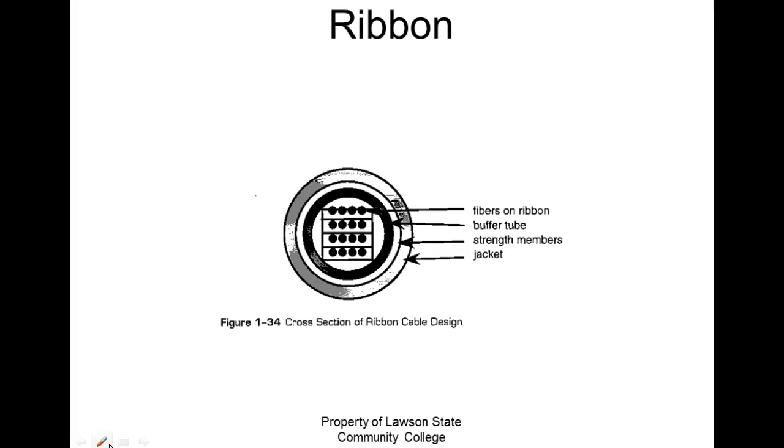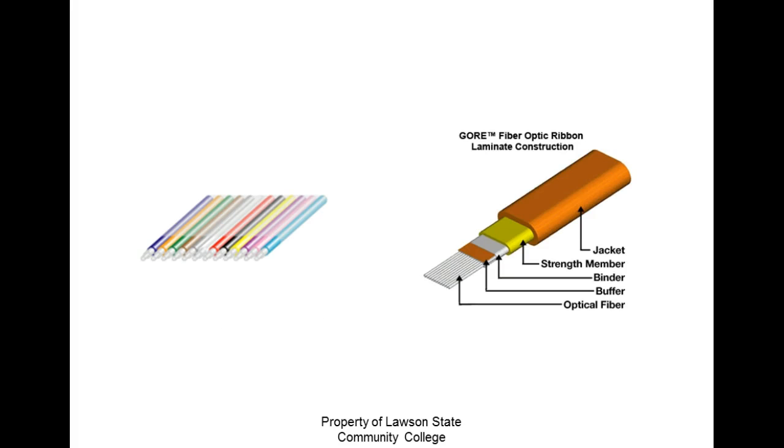These were used inside computers for years. This is not fiber. This is copper. Can you see? I got the name ribbon cable, which is pretty neat. So this would be an example of a ribbon cable.